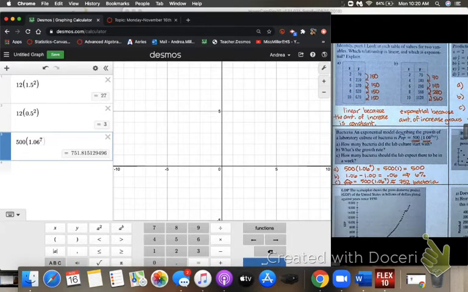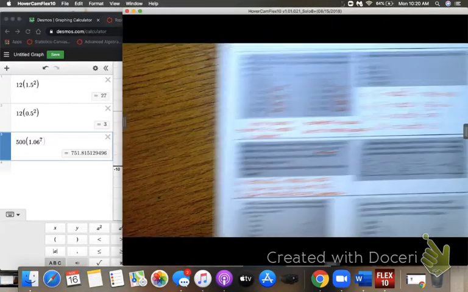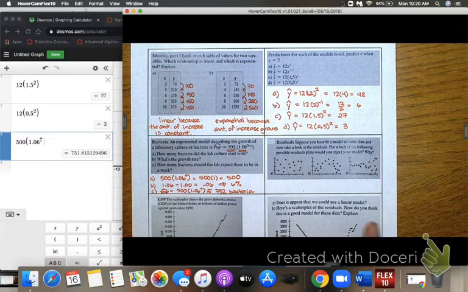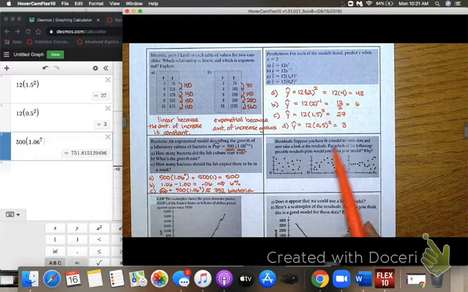Let's take a look at the next one. It says residuals. Suppose you have a fit model to some data. Now take a look at the residuals. For which of the following possible residual plots would you reject your model? Why?